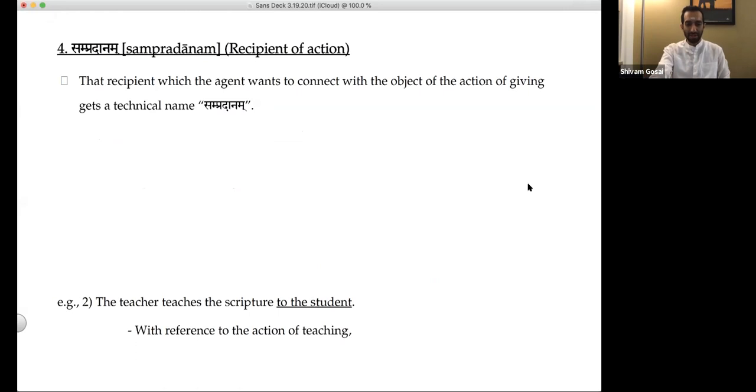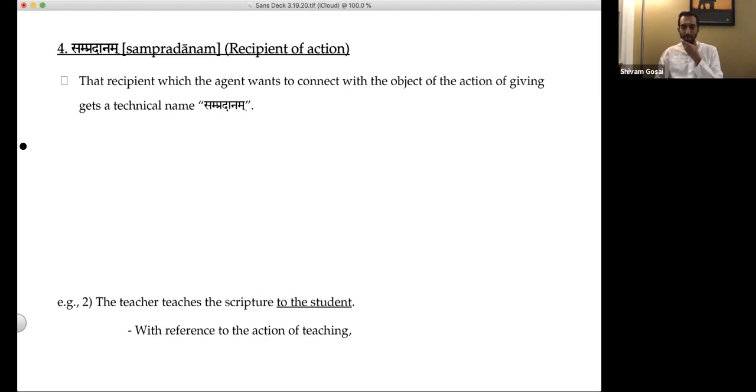Here's another example at the bottom of the screen, example number 2. The teacher teaches the scripture to the student. Now, can you help me out in the chat with the recipient of the action of teaching? Number 1, who is the karta? Number 2, who is the karma? And number 3, who is the sampradhanam?